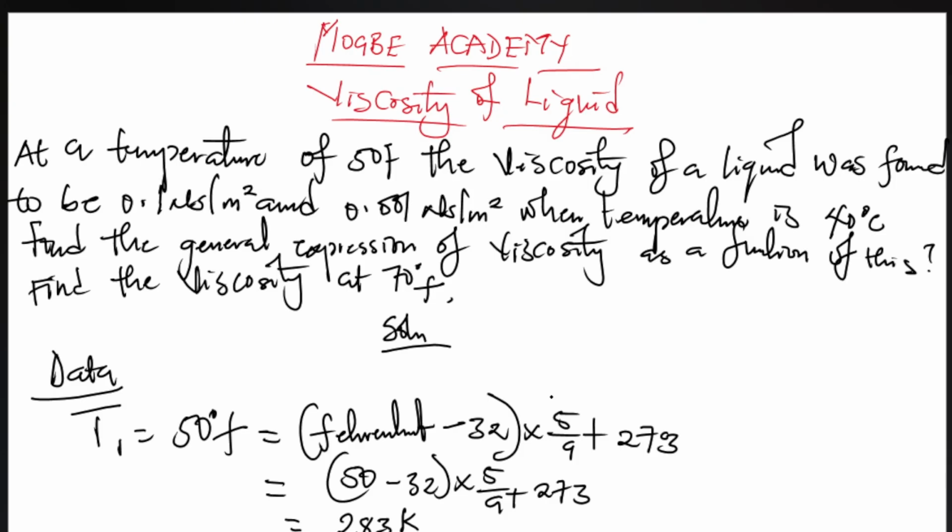Now from our given question, we have your U1, which is your initial dynamic viscosity, to be 0.1 Newton seconds per meter square.